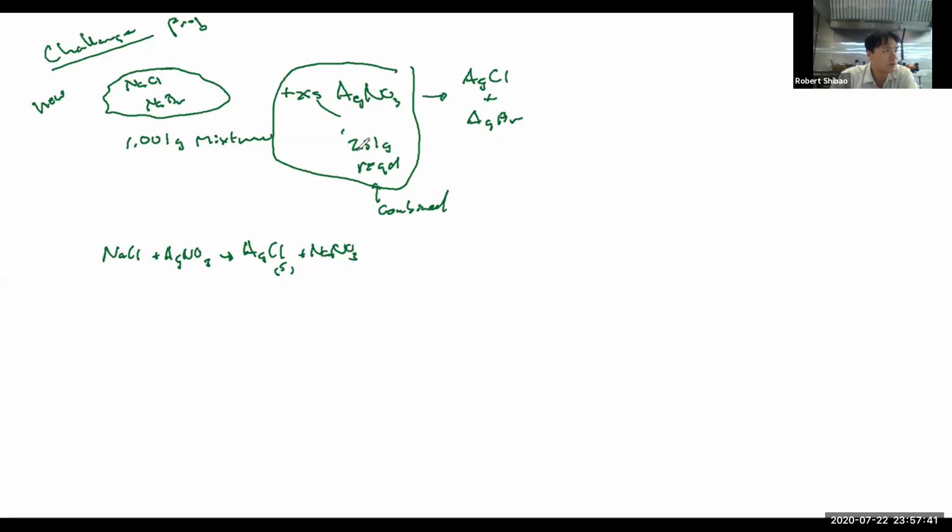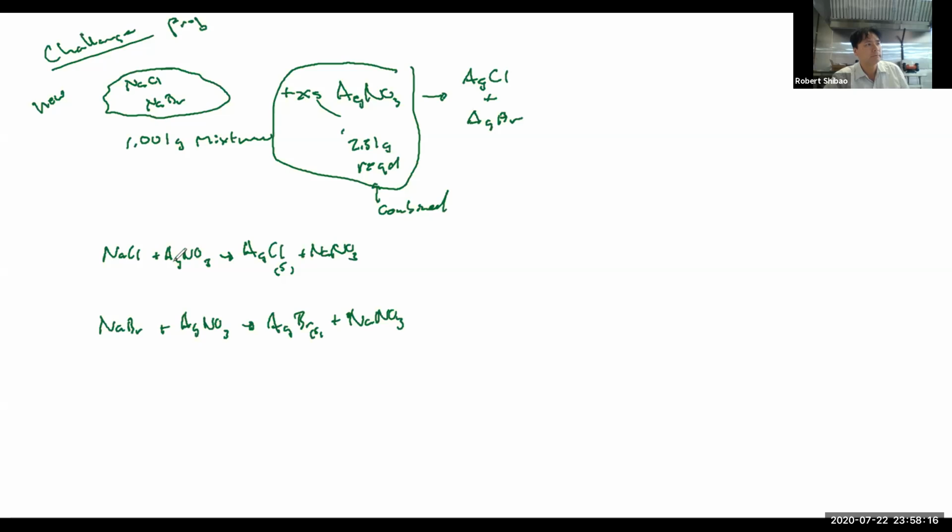And so this 2.31 is used for both this reaction and this reaction: sodium bromide plus silver nitrate yields silver bromide plus sodium nitrate. And you might go, out of that 2.31 grams, how much was required for the sodium chloride and how much was required for the sodium bromide? You might be thinking that.